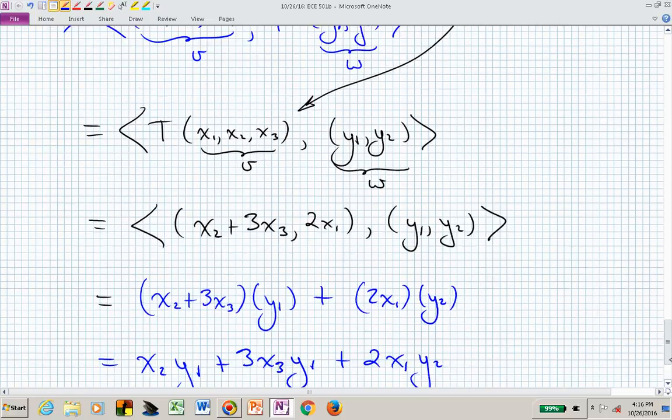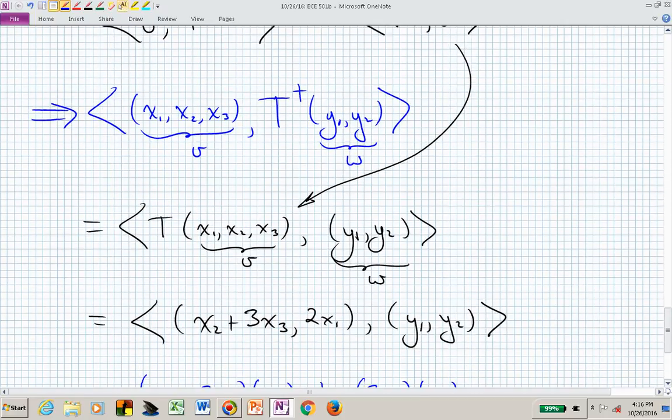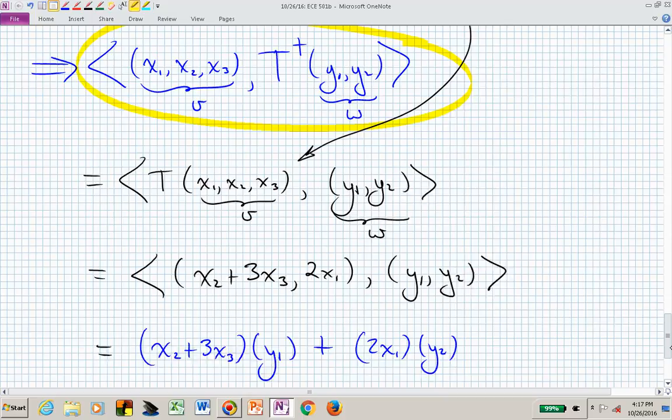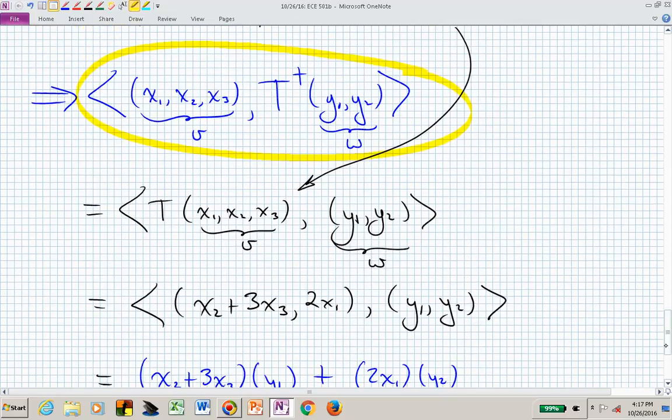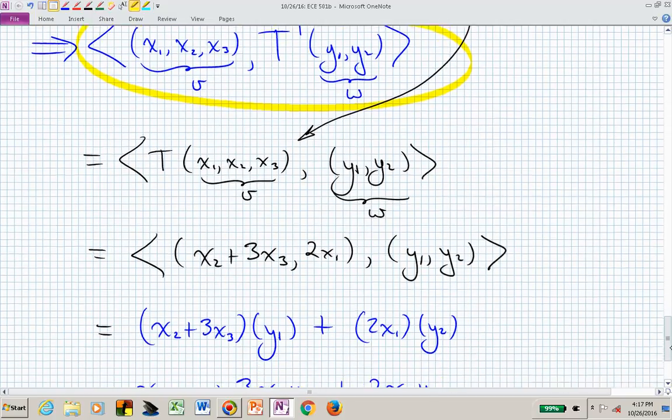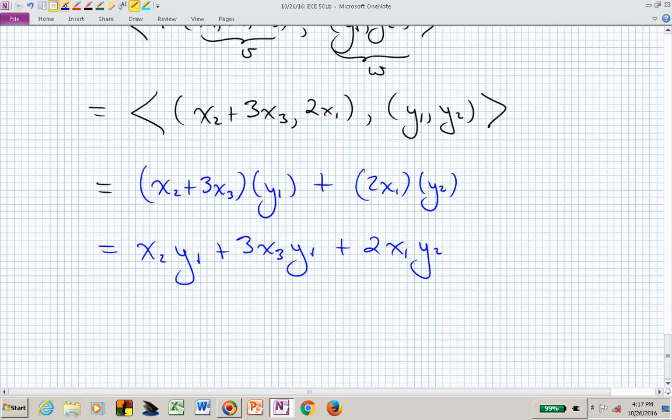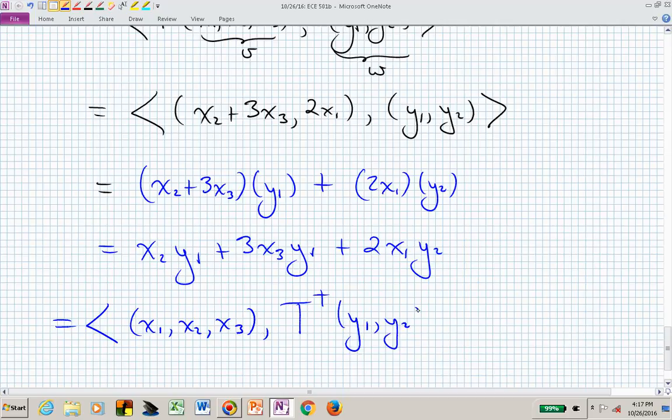But we now want that to actually equal that piece. So we now need to somehow pull out x1, x2, and x3. So let me say that we now have that equaling x1, x2, x3, inner product with T dagger y1, y2.